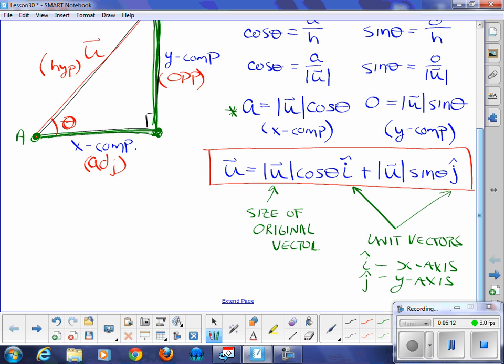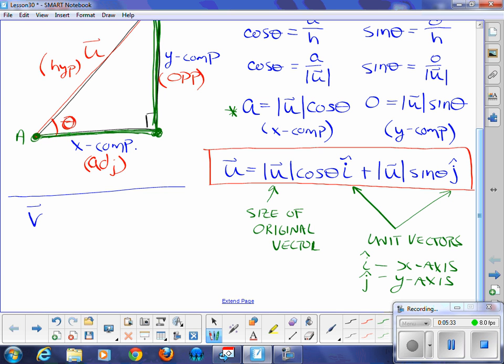In order to solve, now, the nice thing with this, I'll finish it off in the bottom here. If I have this algebraic equation, how do you find the angle theta? Let's look at it from the reverse. If you have a vector, I'm just going to draw a line here.